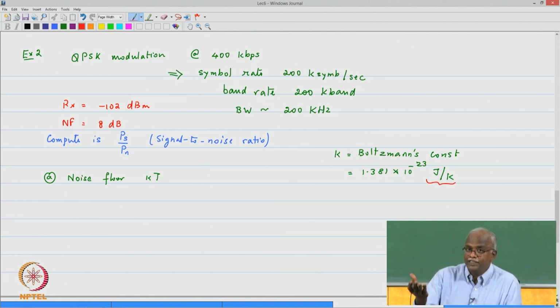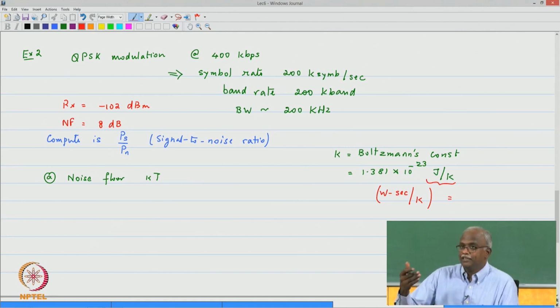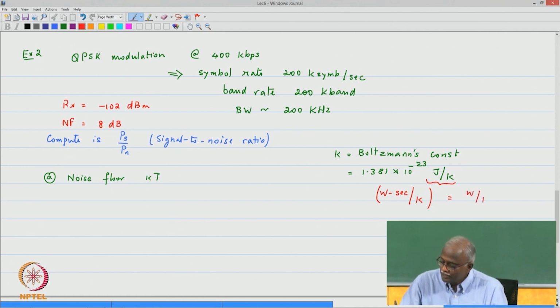Joules is energy, which is the power times time. So, I can write joules as watts seconds per Kelvin, and since hertz is 1 by second, this can be written as watts per Kelvin per hertz.